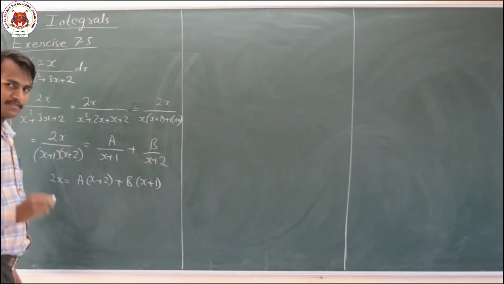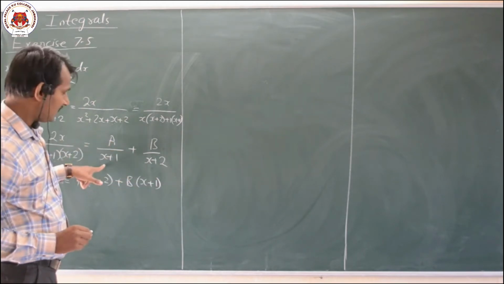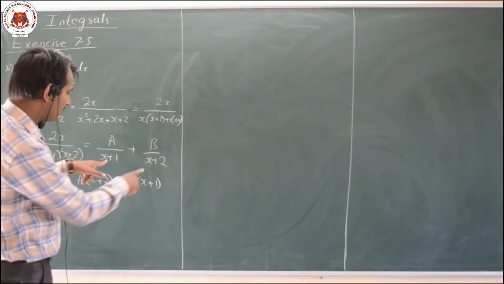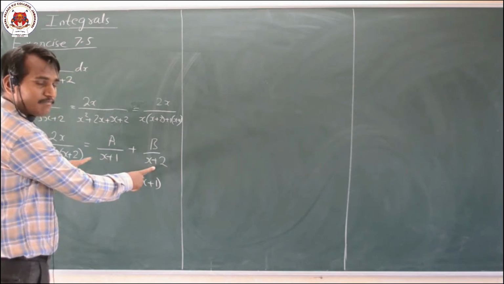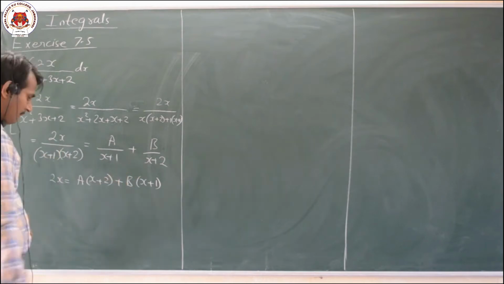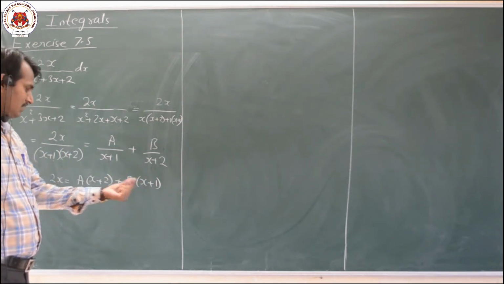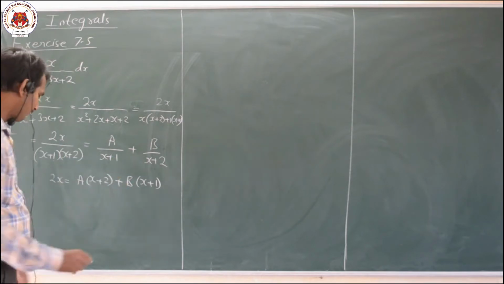Here we can observe that if x plus 2 is multiplied with a and x plus 1 is multiplied with b, the LCM becomes x plus 1 into x plus 2, and both sides get eliminated. Now what do we substitute for x so that we get the value of a?